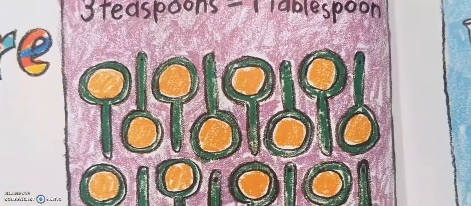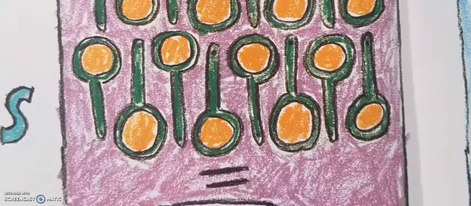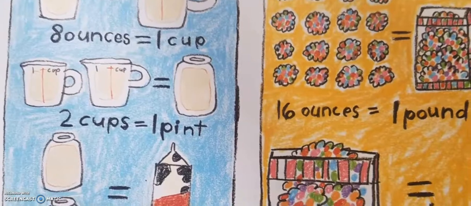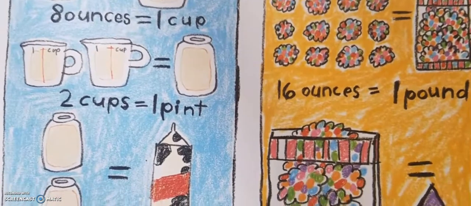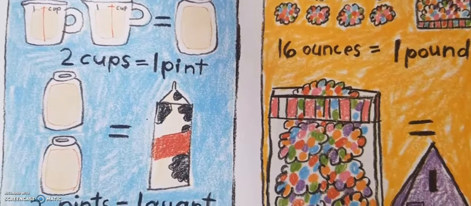To measure all things, 3 teaspoons equals 1 tablespoon. 16 tablespoons equal 1 cup. 8 ounces equal 1 cup. 2 cups equal 1 pint. 2 pints equal 1 quart.